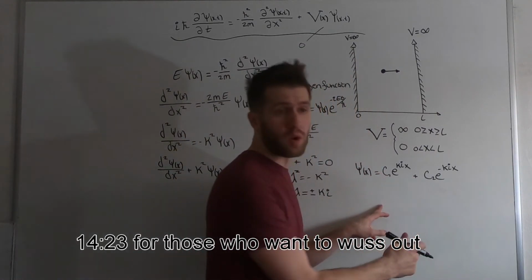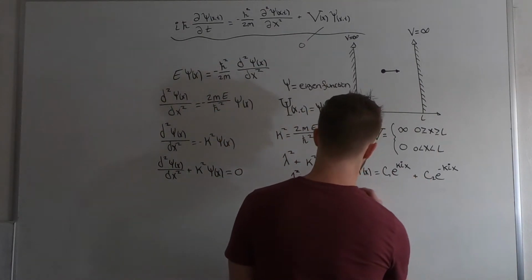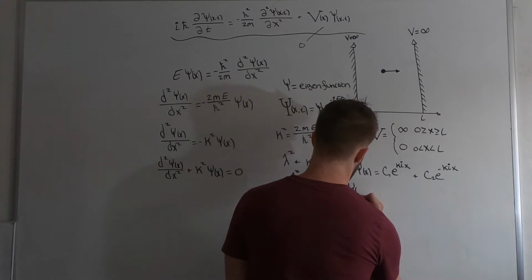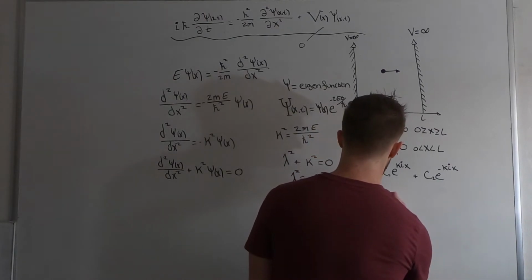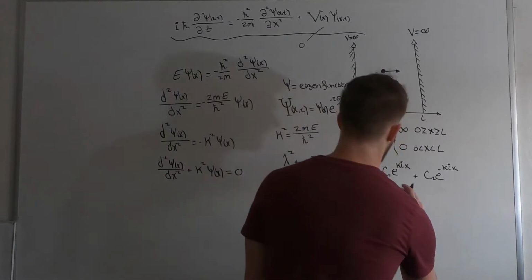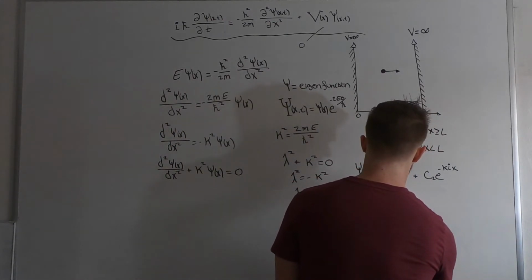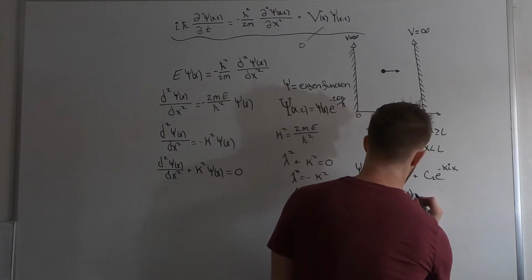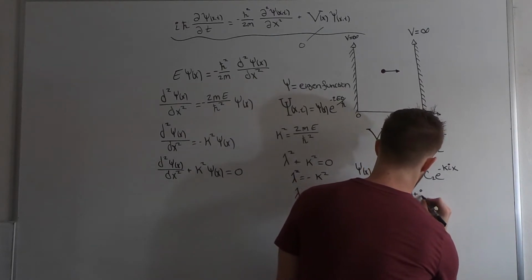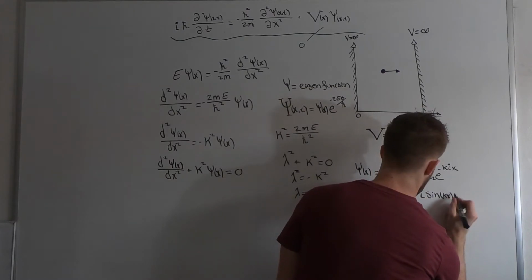We're going to have to invoke Euler's identity, which will mean that our psi of x is equal to C1 times, okay, ikx is going to be cosine of kx plus i sine of kx.